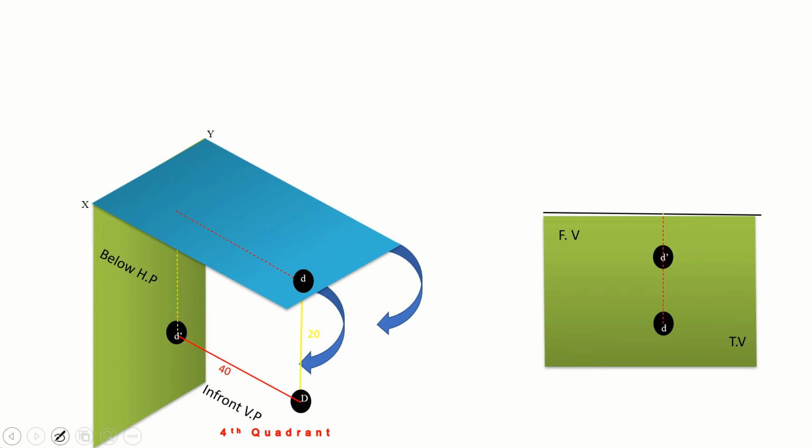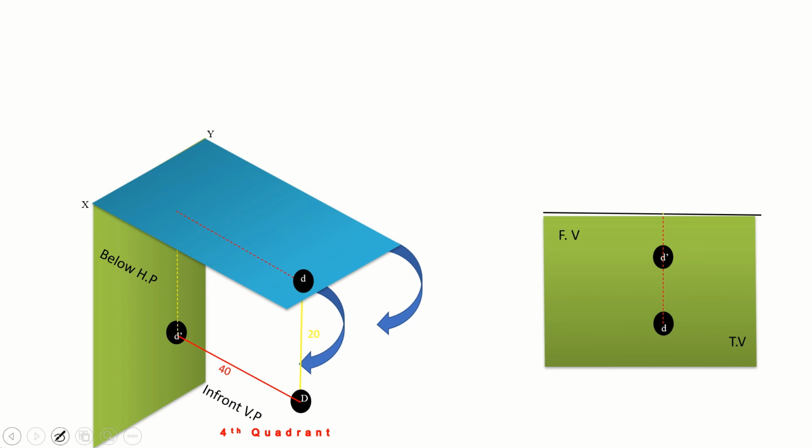We should not forget the tilting. We have to tilt the horizontal plane in the clockwise direction. This is what we have to remember. So what is the similarity between the first and third quadrant, and between the second and fourth quadrant?